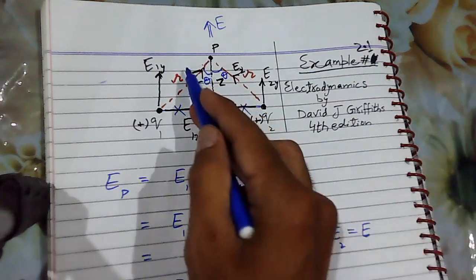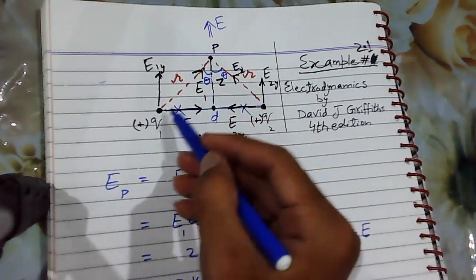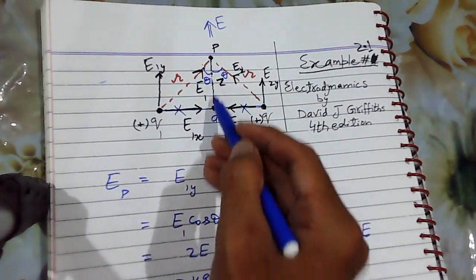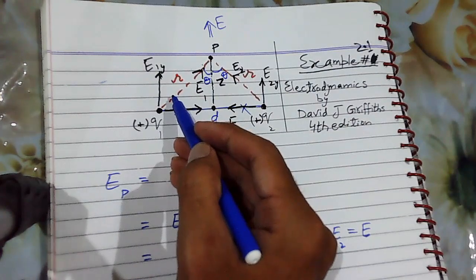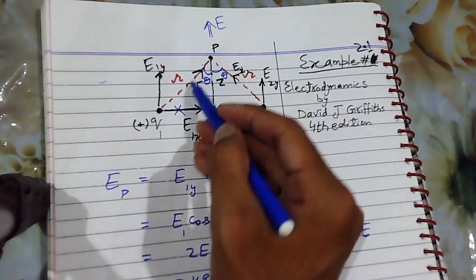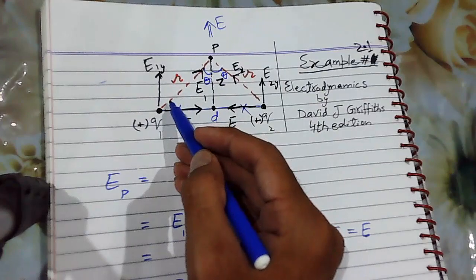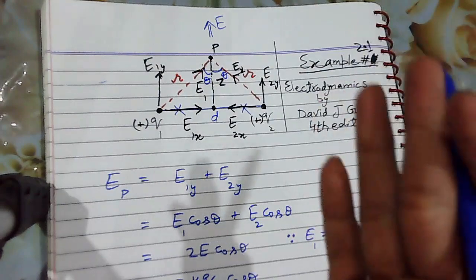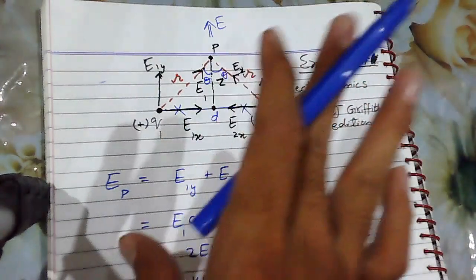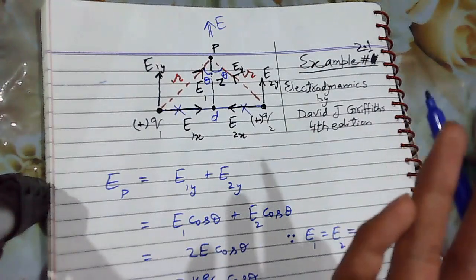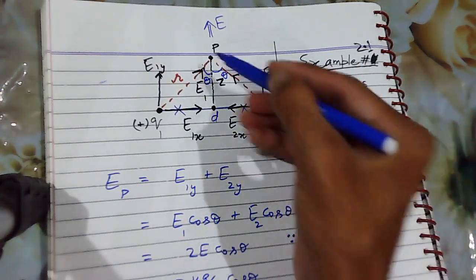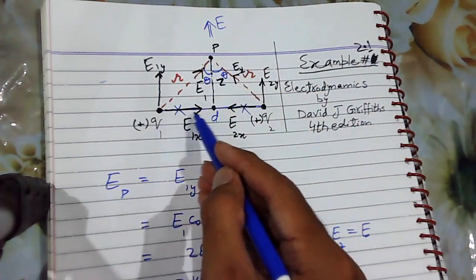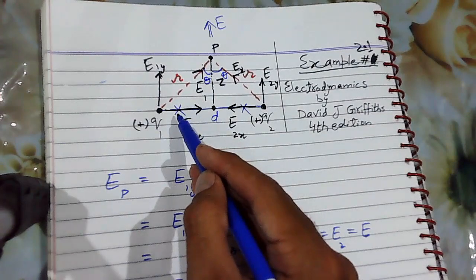And how can we convert this r into non-variables? You can see here, this is a right triangle. As this is a right triangle, according to Pythagoras theorem, this one would be the hypotenuse, because we are well aware that the side of our right triangle opposite to 90 degrees is defined as the hypotenuse, the side directly connected with our angle is named as base, and the side directly opposite to our angle is named as perpendicular.